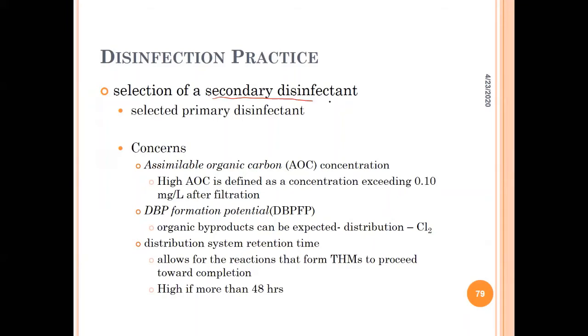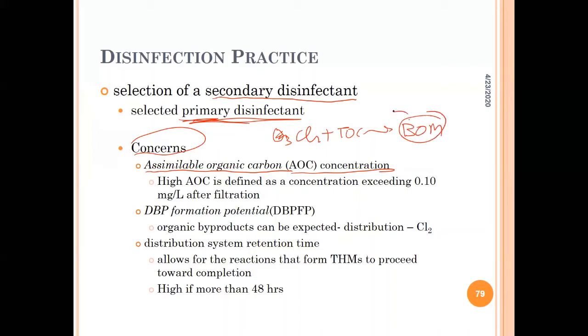For secondary disinfectant, when we have already selected the primary disinfectant, the concern is assimilable organic carbon concentration, because disinfectants are all oxidants. So a disinfectant, for example ozone or even chlorine, can degrade total organic carbon and make biodegradable organic matter, which can be assimilated in the body of microorganisms.